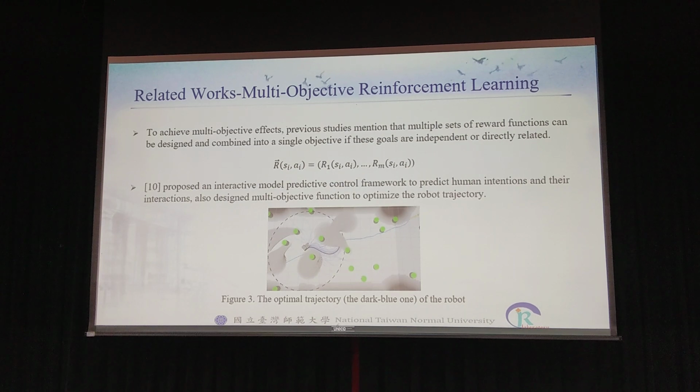To achieve multi-objective reward, previous methods set reward functions that can be designed and combined into a single objective if these goals are independent of each other. The reference paper proposes an interaction model with a prediction module to predict human interaction and their trajectories. It also designs multiple objective functions to optimize the robot interaction. This picture shows the objective formulations for the robot in this paper.